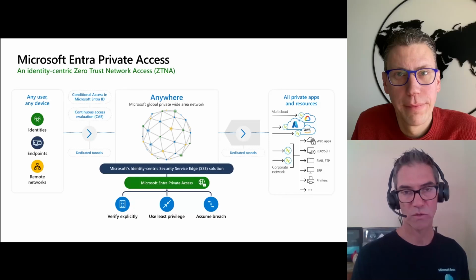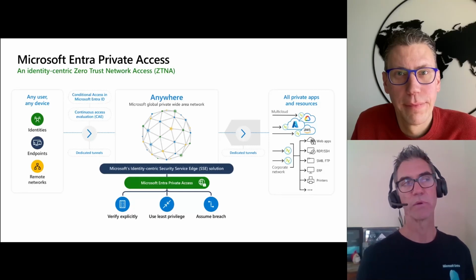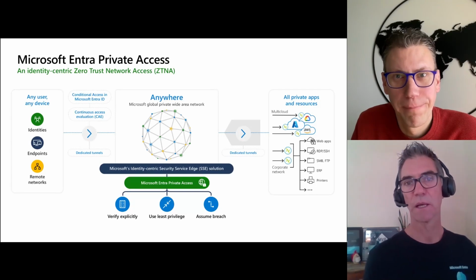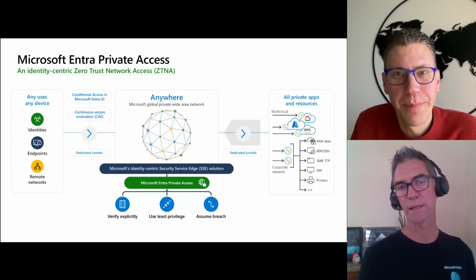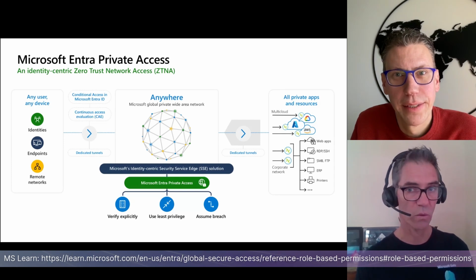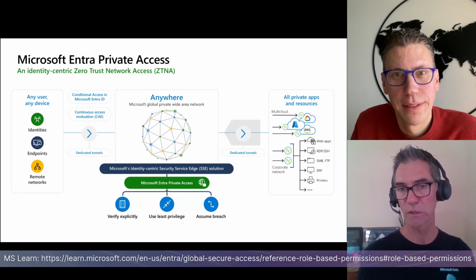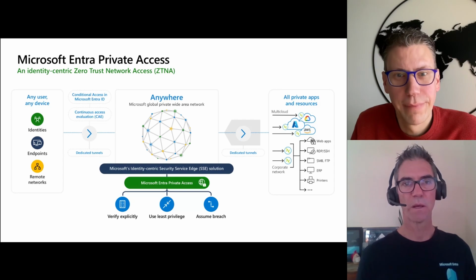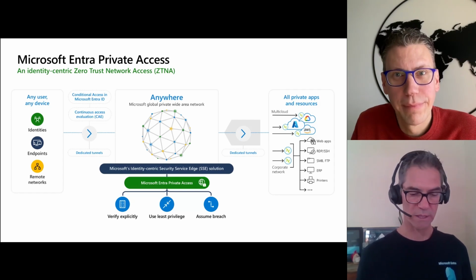First of all, you need a Microsoft Entra ID tenant, and if you have any Azure resources, you already have one. Then you're going to need the Global Secure Access Administrator role, Application Administrator, and Conditional Access Administrator role to configure most of the things I'm going to show you. I mention that because you want to use least privilege.